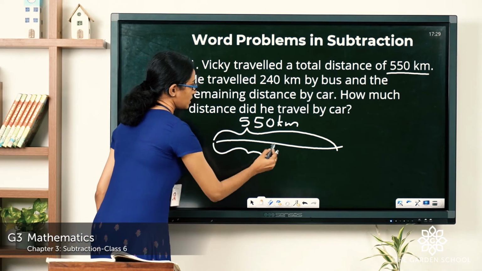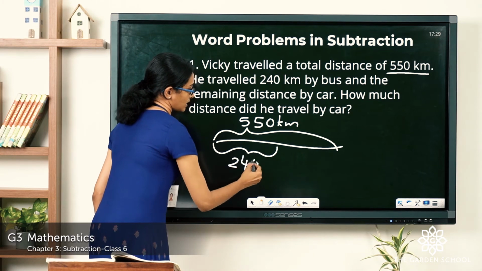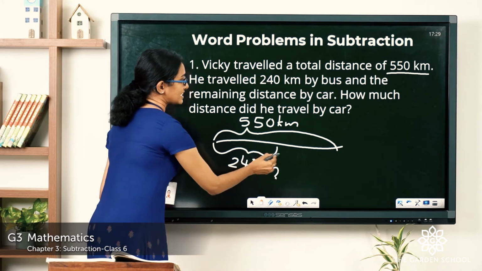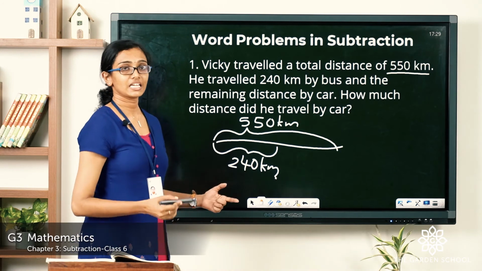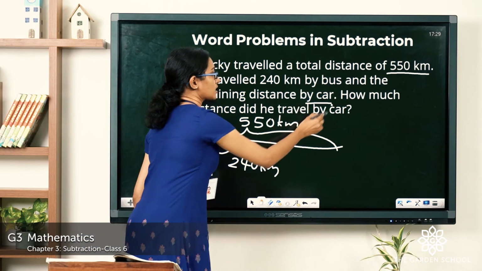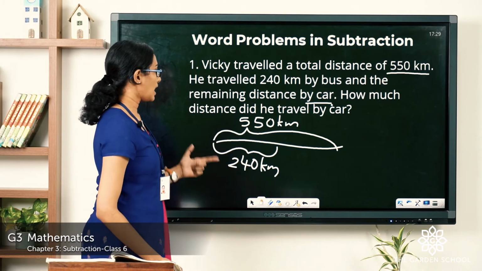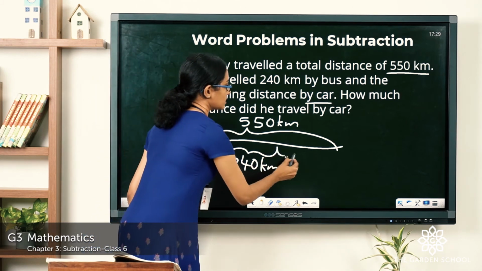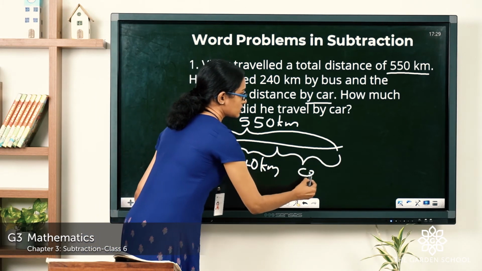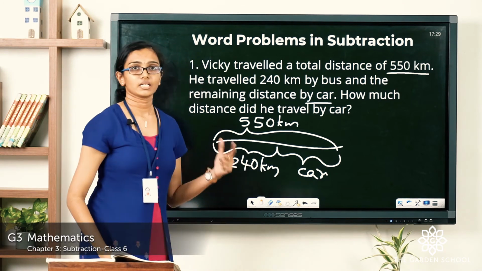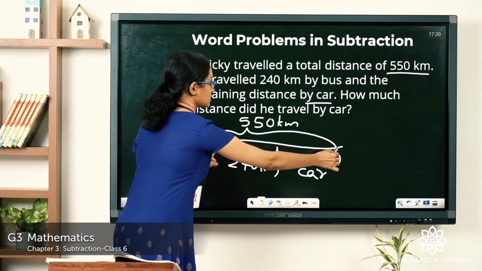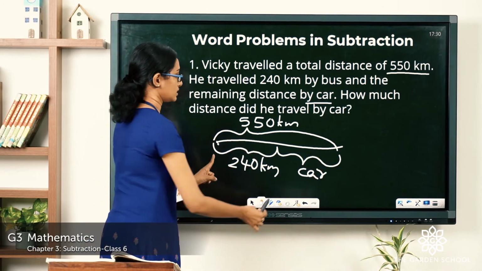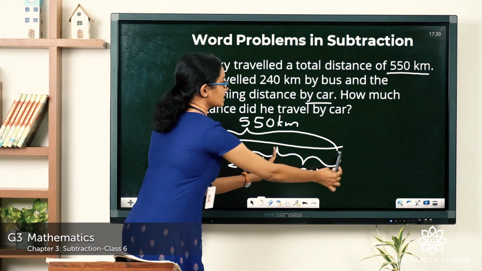Let this distance be 240 kilometers. And the rest of the distance he traveled by car. You are asked to find out this distance, which is the distance he traveled by car. We have the total distance till here and we know the distance till here.